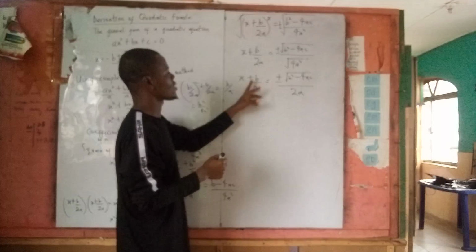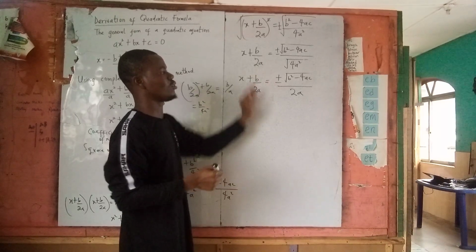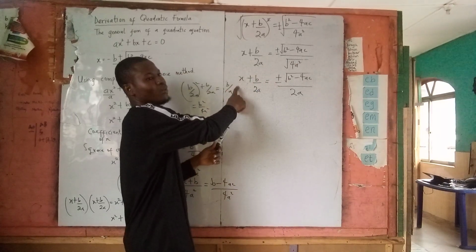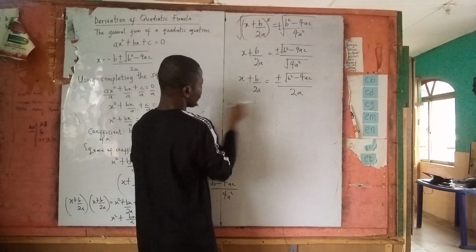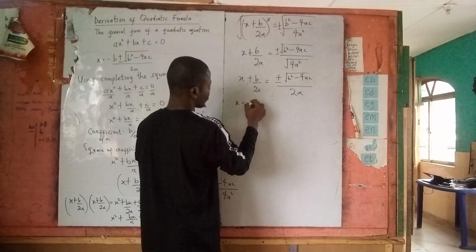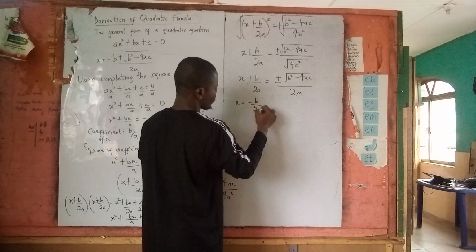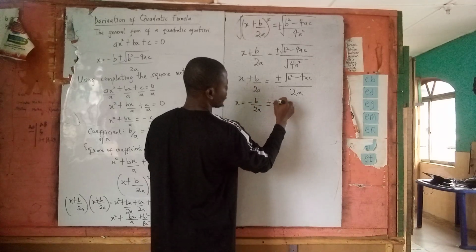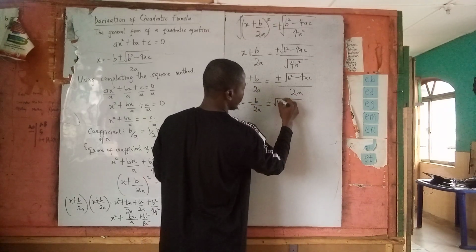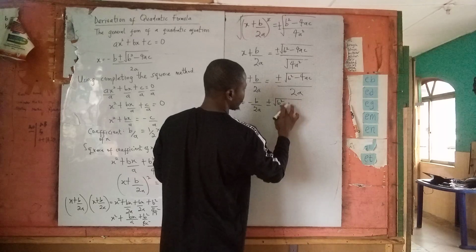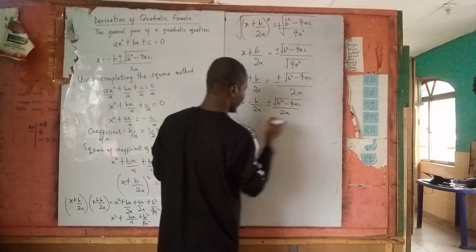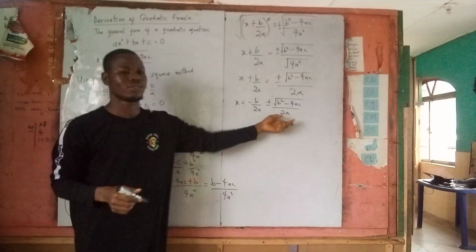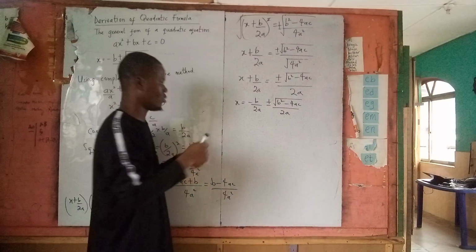Then you can now bring this plus b over 2a to the other side because I want to make x the subject of the formula. So we are going to have x equals minus b over 2a plus or minus square root of b squared minus 4ac over 2a.